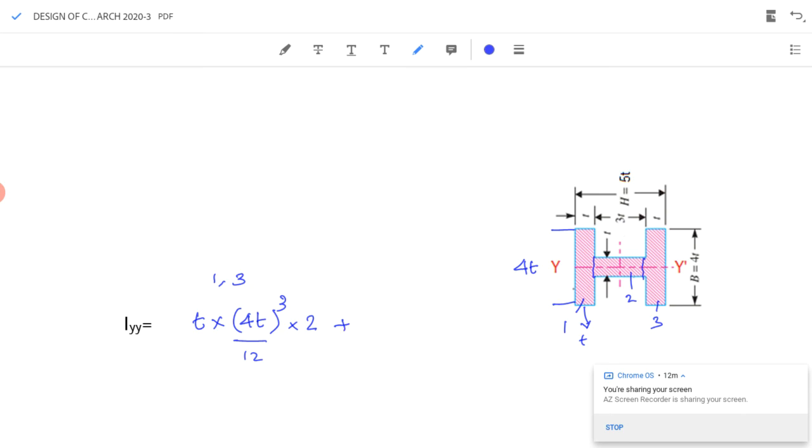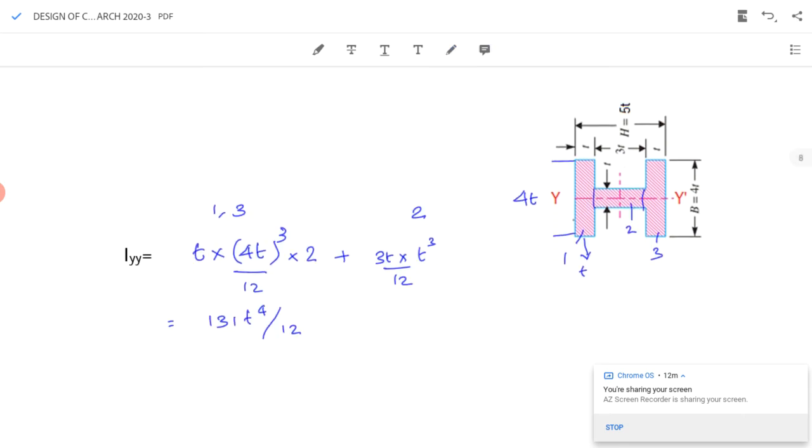For the second rectangle, base is 3t and height is t, so 3t into t cube by 12. So my value of Iyy will be equal to 131 t raised to 4 by 12.